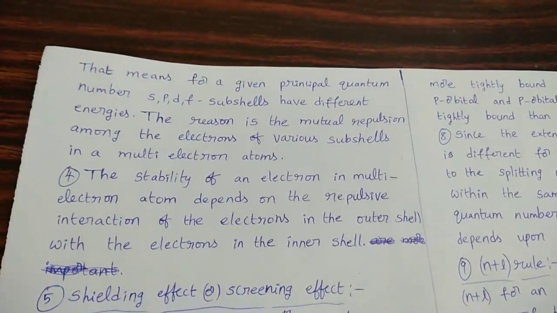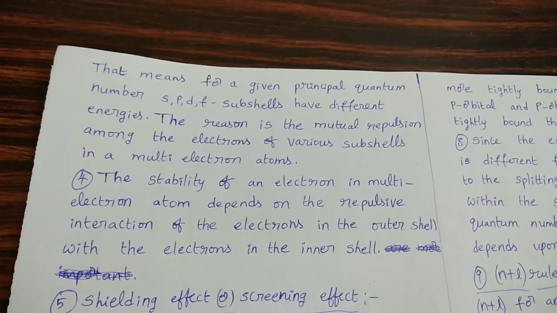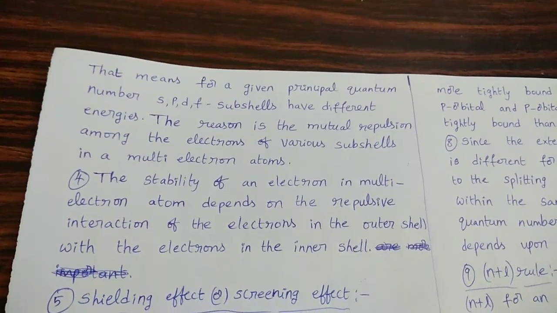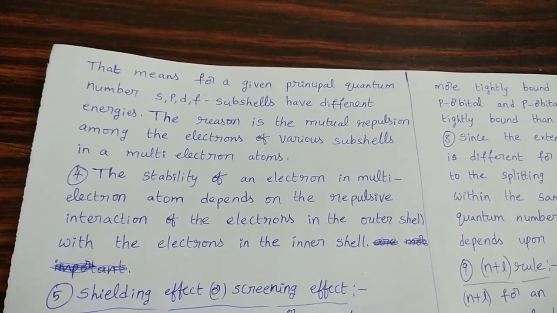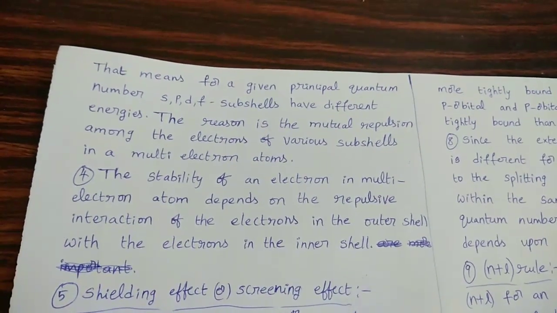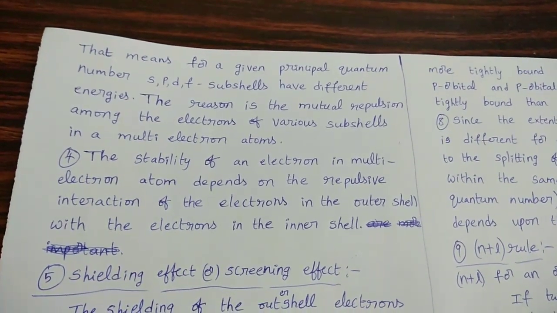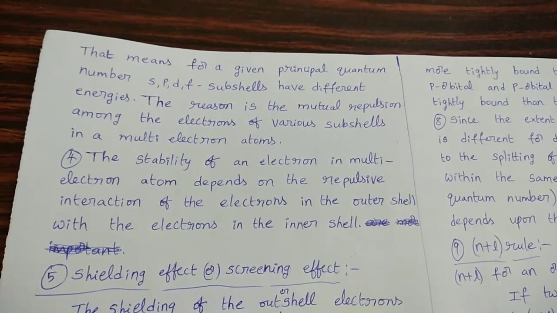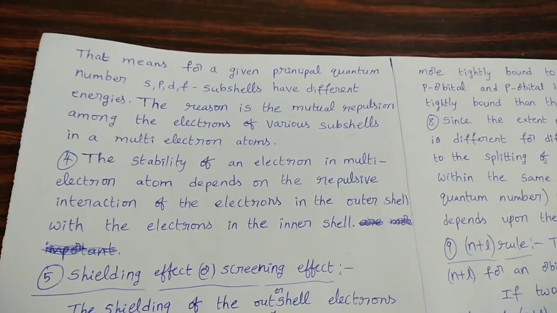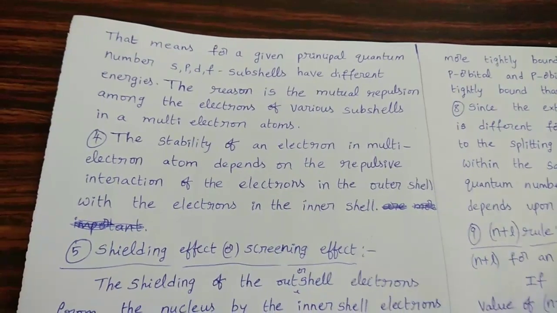Because of the electrons present in the inner shells, the outer shell electrons are shielded from the attraction of the nucleus. This is called shielding effect or screening effect. That means electrons present in the inner shells decrease the nucleus attraction on the outer shell electrons to some extent and act as a screen. So this is called screening effect or shielding effect.